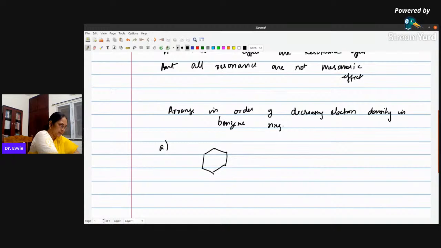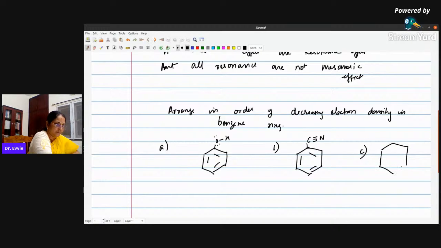I have taken the same example that I told you, this is called phenol. I think you all know this. Then you have a compound like this, cyanobenzene, C triple bond N, and you have just benzene. So what I have asked is decreasing electron density.